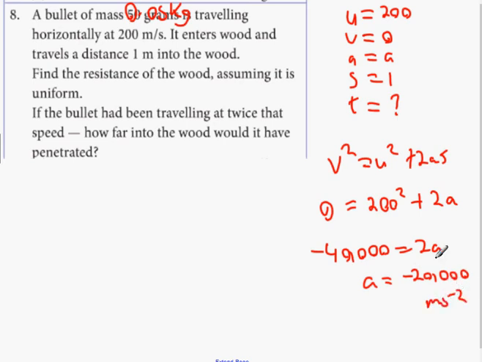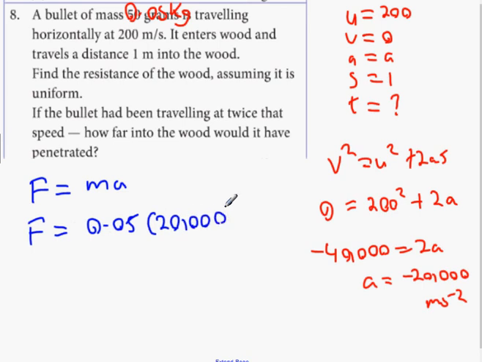Now that we've done that, what we're going to do next is find the resistance of the wood. We haven't found that yet. So F equals MA. F equals your 0.05 times your 20,000, which will get me minus 1,000 newtons.